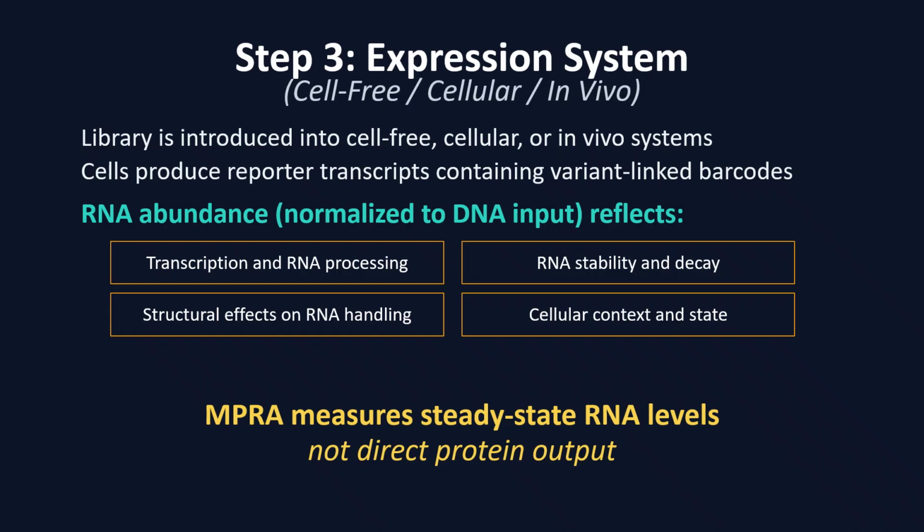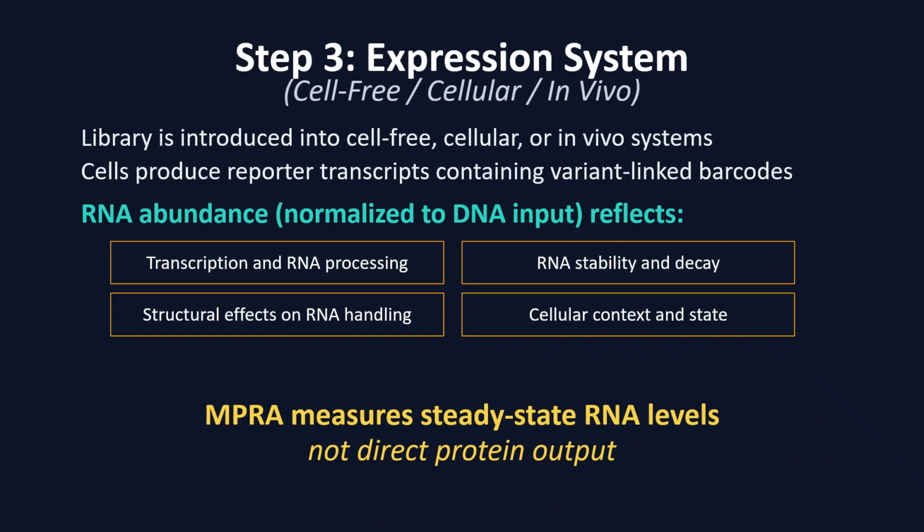Translation is only captured indirectly. That is to the extent that translation affects RNA stability through mechanisms like ribosome dependent decay. So for modeling folks, the RNA count is the label, right?